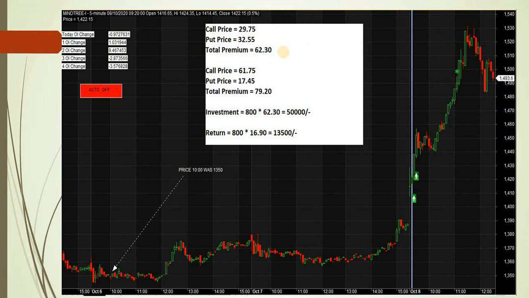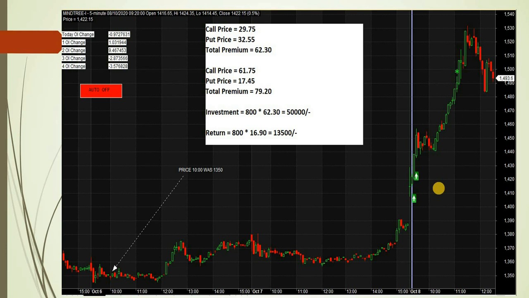From what we are expecting, 1350 was the price. We are expecting it to move at least 5%, 1350 into 105%, 1417. On 8th of October, on the second candle, it gave a close of about 1420. We will check how our strategy performed at this rate.